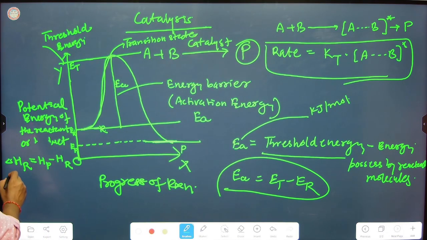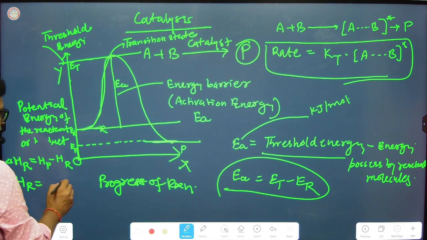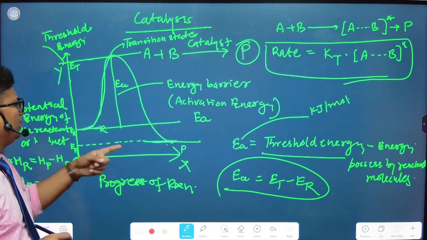So this delta H R may be positive or negative, but here EP is lower than ER.